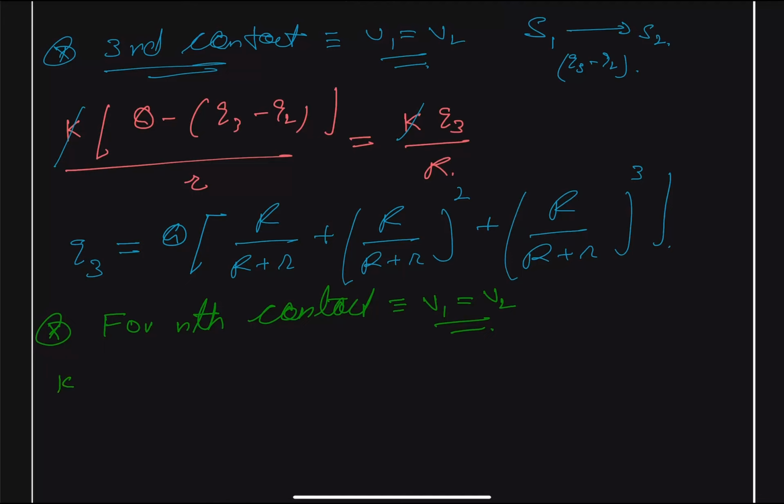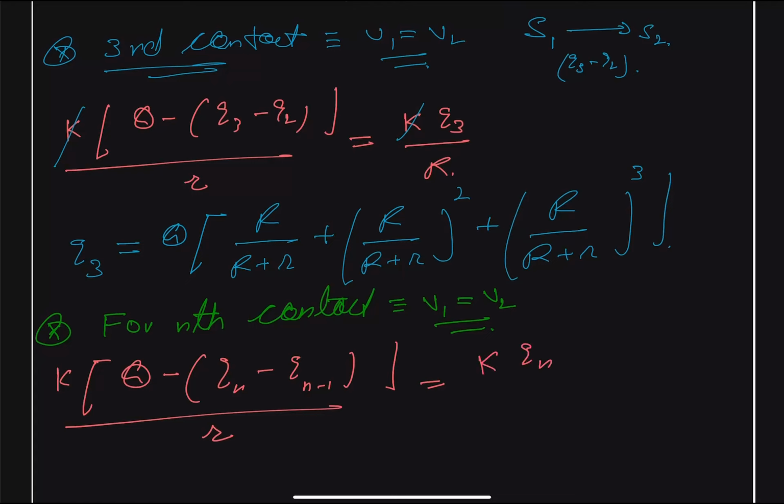Therefore we can write that K times (capital Q minus (Qn minus Qn minus 1)) divided by small r will be equal to K Qn divided by capital R.